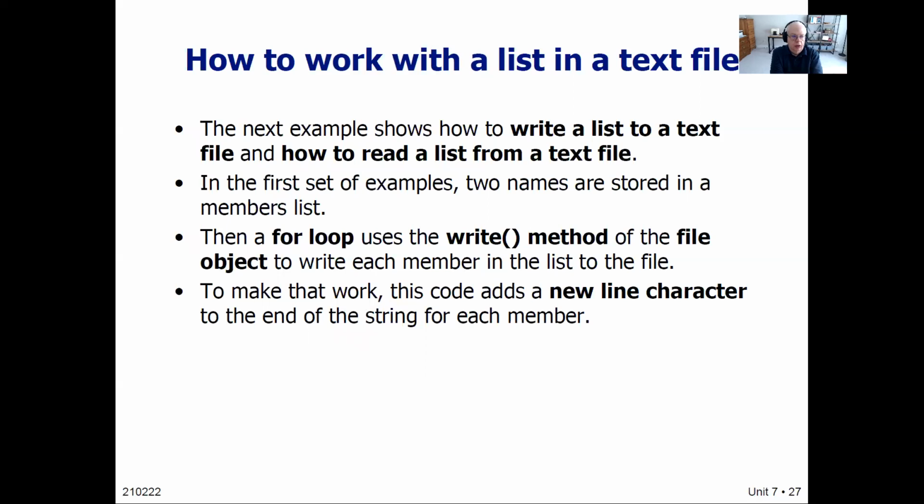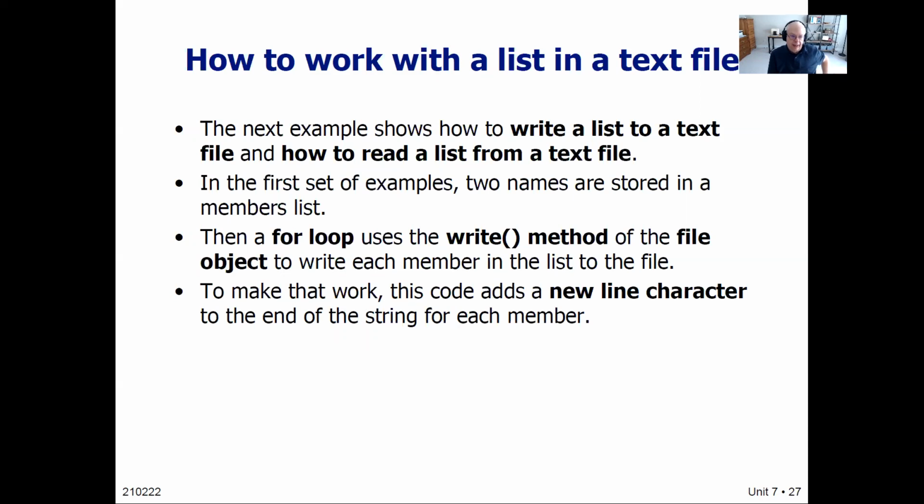All right, so let's look at how to deal with a list. I kind of got ahead of myself a minute ago. I did that yesterday too. But lists are so important to us. So we're going to look at a list and then a list of lists as it applies to these text files that we're dealing with.